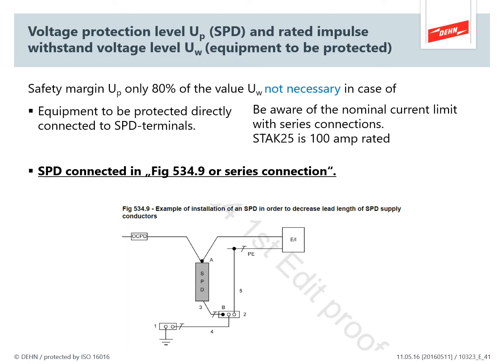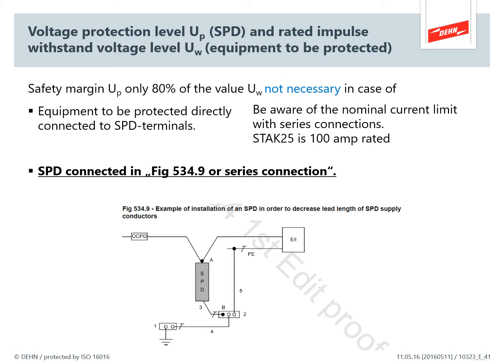So to look at this first requirement, the safety margin of only 80%, we'll have a look at this diagram here that was mentioned. That's figure 534.9. And it shows us that if we were to wire in a V connection, which sort of makes it a series connection, then we do not have to take into account the connections into the top of the SPD.